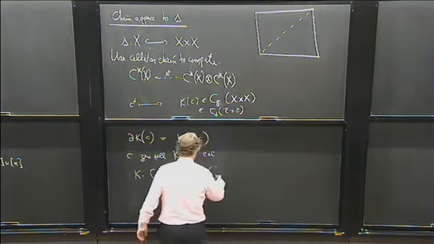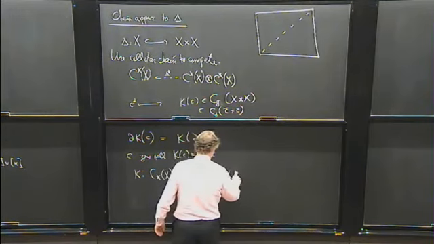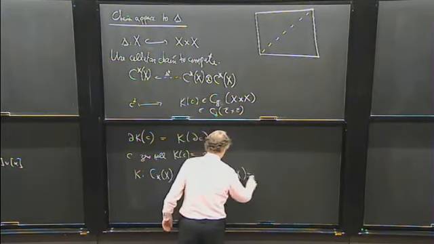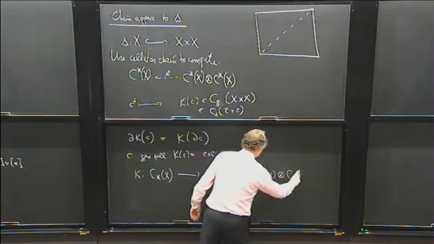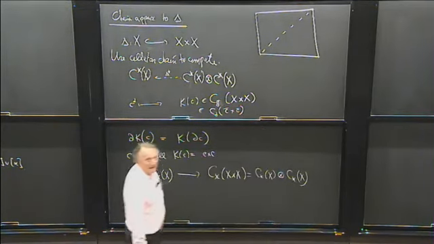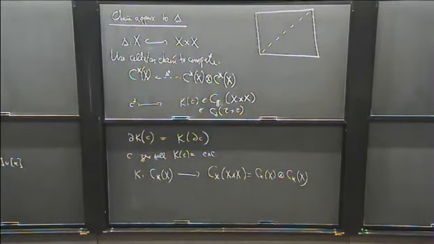into the chains on X cross X, which are simply the chains on X tensor the chains on X. Okay? Now, what does this have to do with cup product?